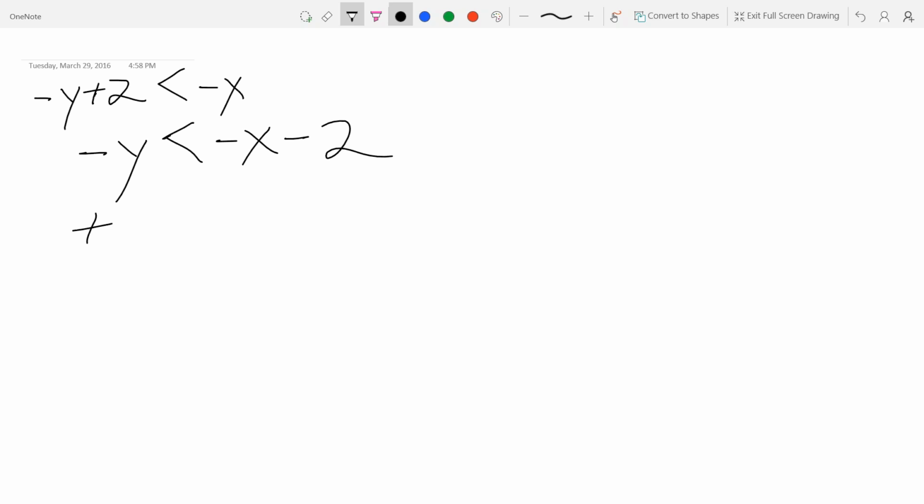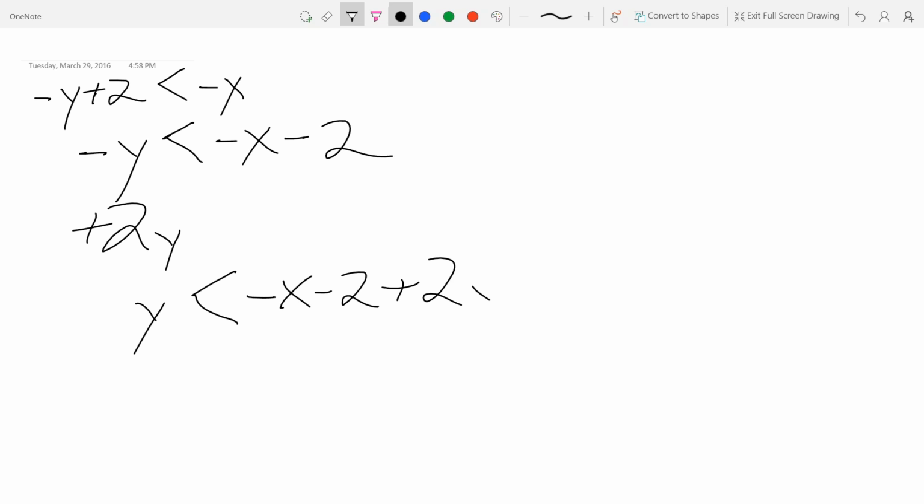In other words, if I added 2y, I've got y is less than minus x minus 2 plus 2y. What is wrong with that as an answer? I got y's on both sides of the inequality. You can't have that. That's not solving for y. So that's not an option. That does not allow me to solve for y.